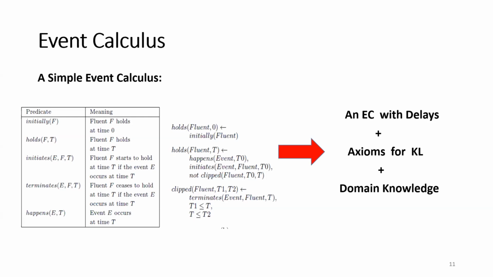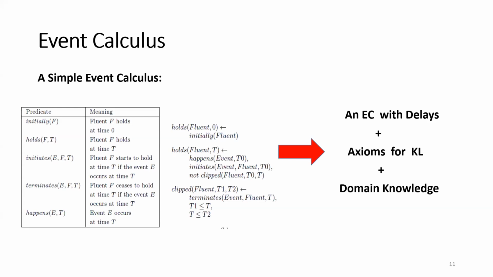There's some time delay after which y changes, and there's some time delay after which the feedback returns back to x. So we had to change the event calculus to an event calculus with delays. And then we had to write the axioms for kinetic logic, which are these ones for initiates and terminates for kinetic logic in that event calculus with delays.